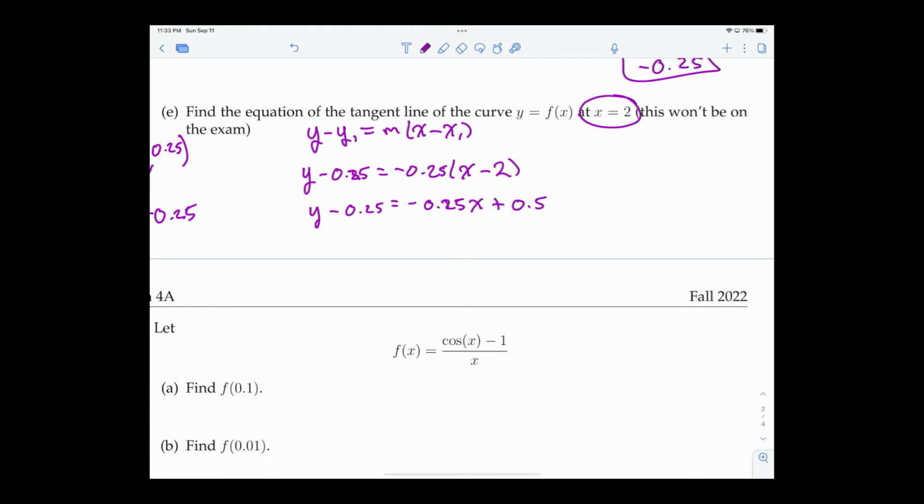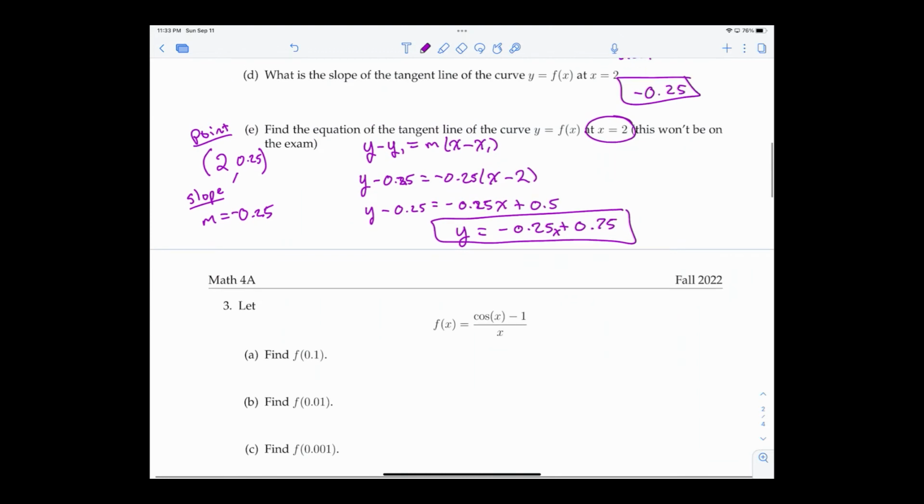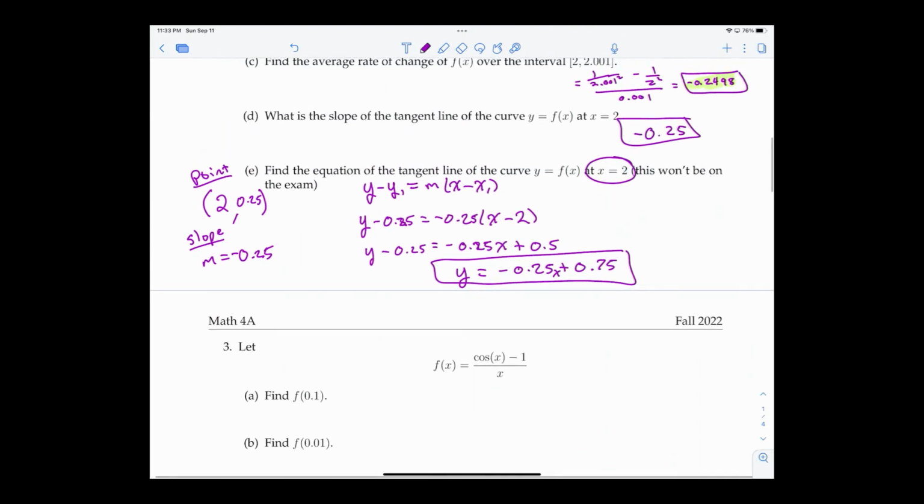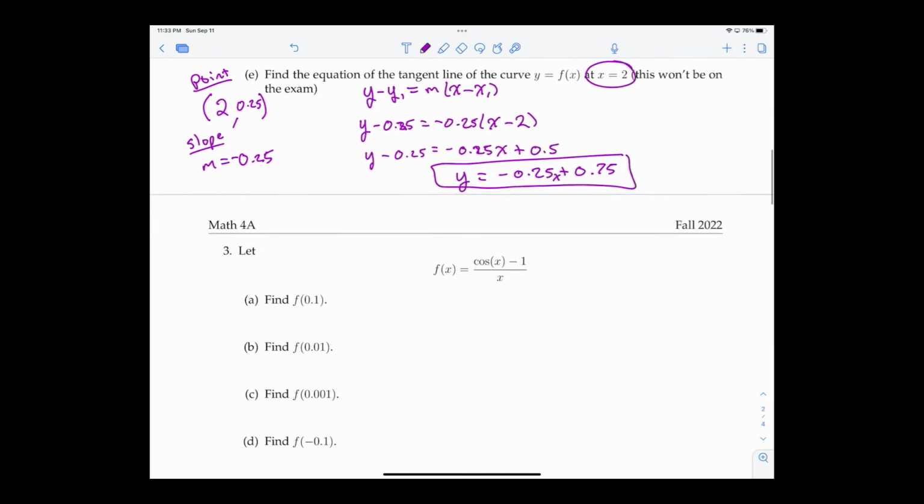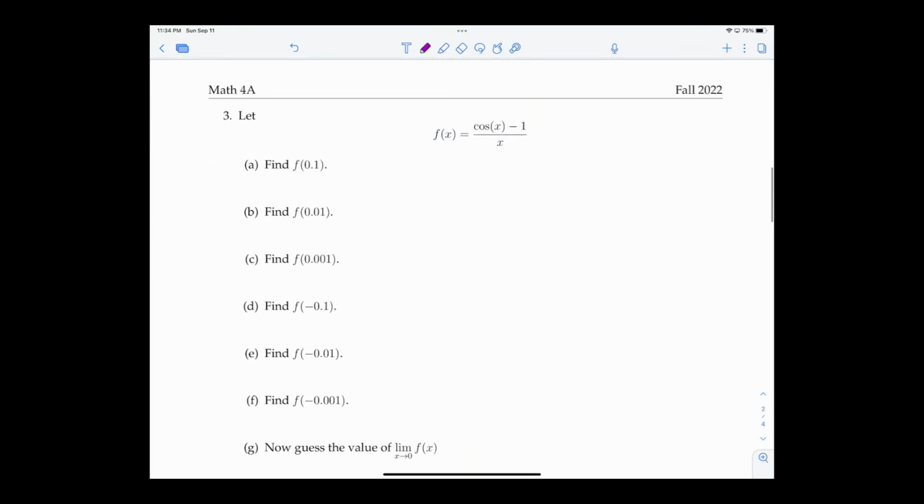Then we move this negative 0.25 over to the other side, and we get y equals negative 0.25x plus 0.75, right? Yep, so that should be it. And that's the equation of the tangent line, assuming we were right about our slope, because we guessed at our slope. Next question. Okay, so this is like those tables for calculating limits.